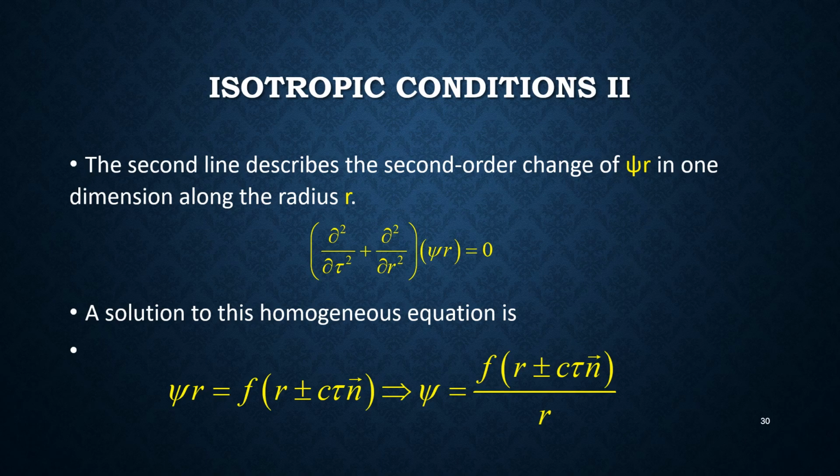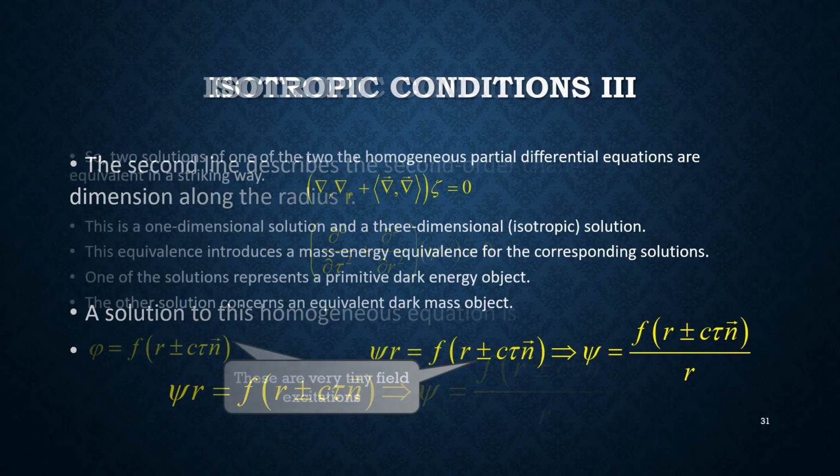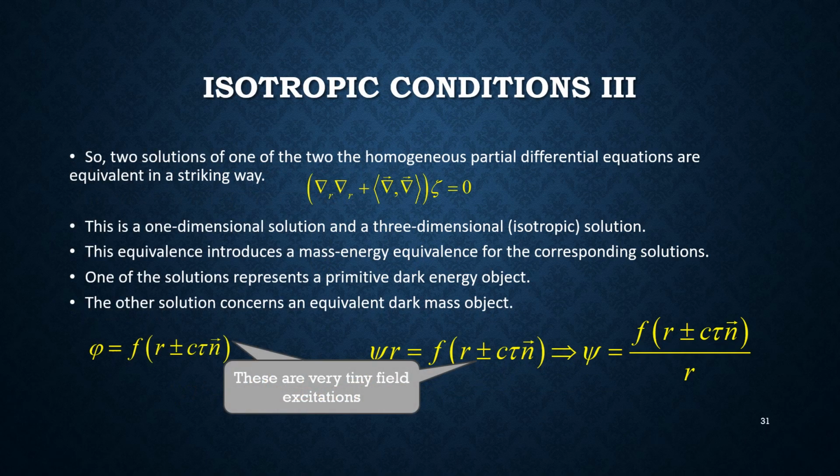A solution to this homogeneous equation is so, two solutions of one of the two homogeneous partial differential equations are equivalent in a striking way. This is a one-dimensional solution and a three-dimensional, isotropic, solution. This equivalence introduces a mass-energy equivalence for the corresponding solutions. One of the solutions represents a primitive dark energy object. The other solution concerns an equivalent dark mass object.